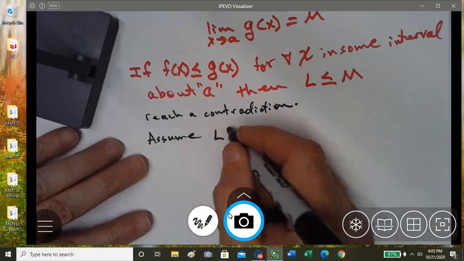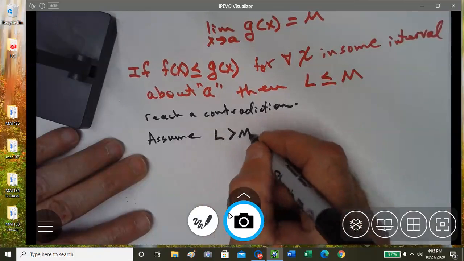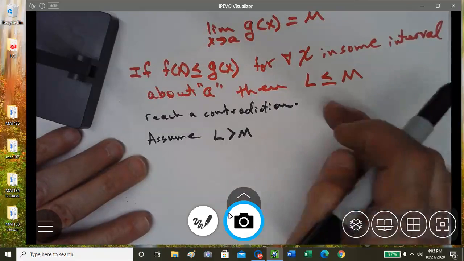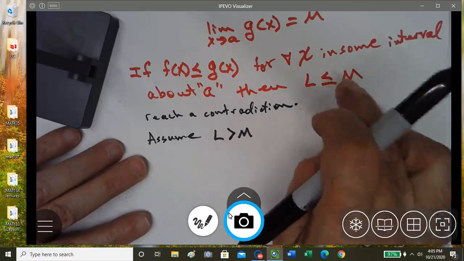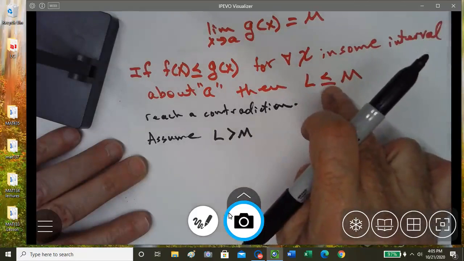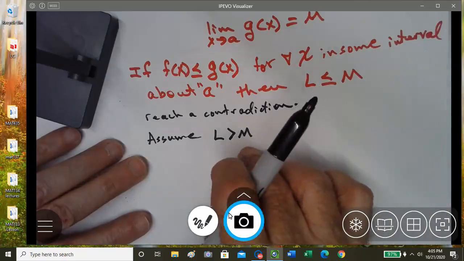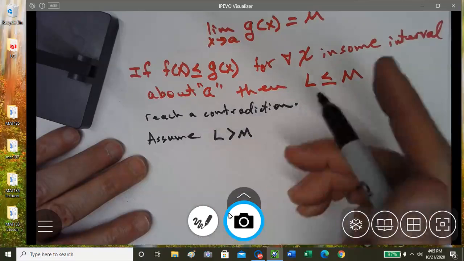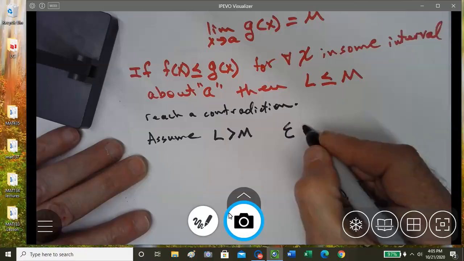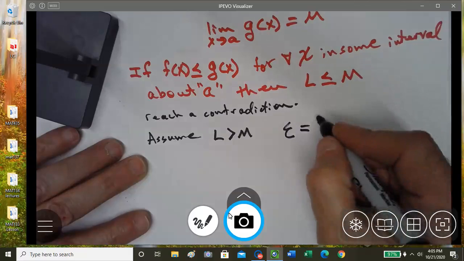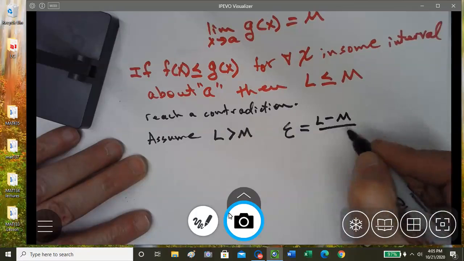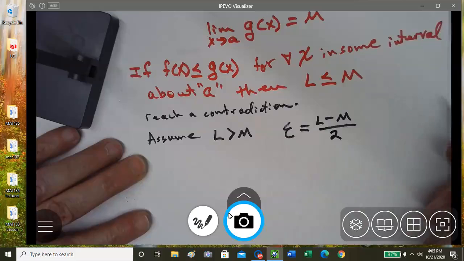We assume that L is greater than m. And we know that's not true because the theorem states L is less than or equal to m. But we want to achieve a contradiction. So we're assuming L is greater than m, and also we're going to assume that epsilon is equal to L minus m over 2.